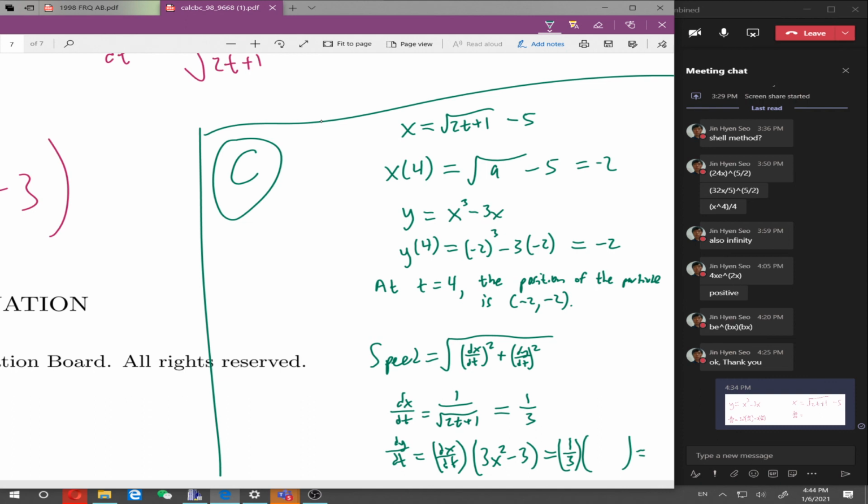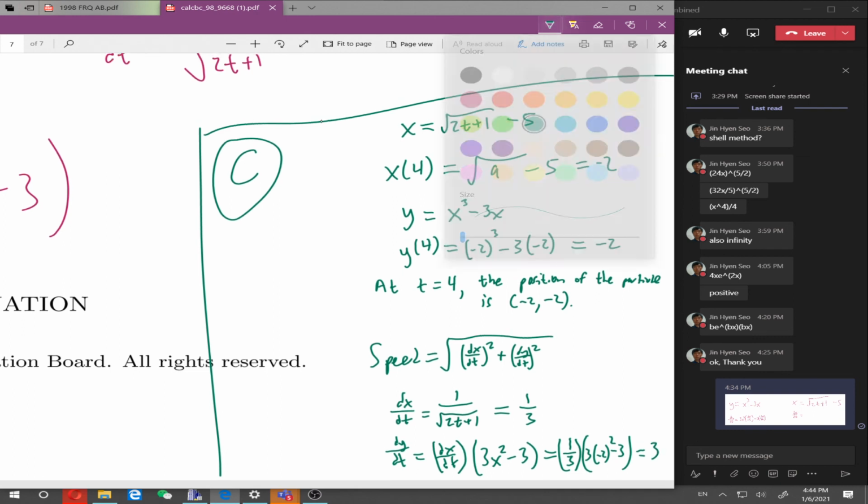X is -2. Okay, so what should our final answer be for the vertical velocity? Three.